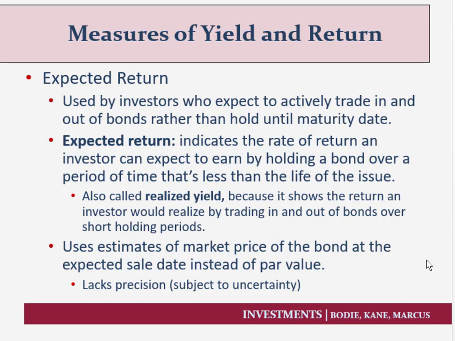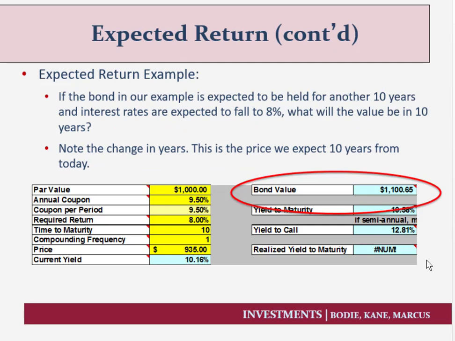In order to do this, we're going to have to make some predictions. We're going to have to predict what we think the interest rate is going to be in 10 years. If we think interest rates are going to fall from 10% to 8%, what's the value of this bond in 10 years if interest rates do go from 10 to 8%?